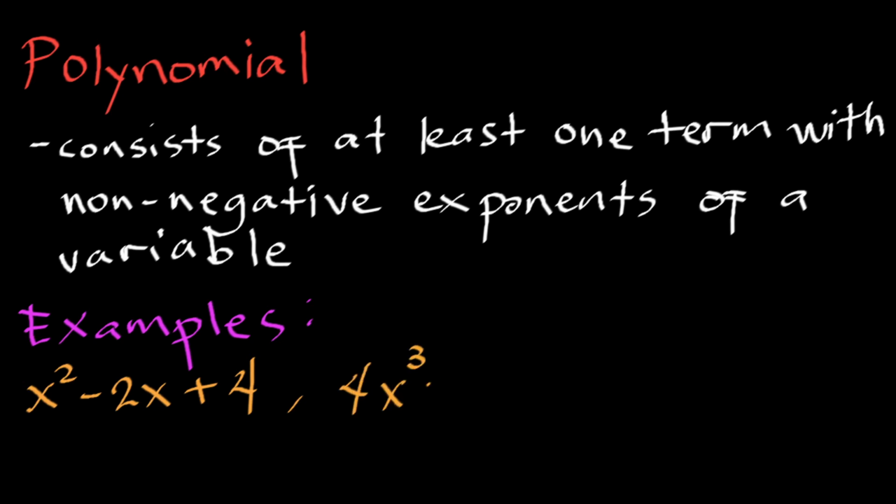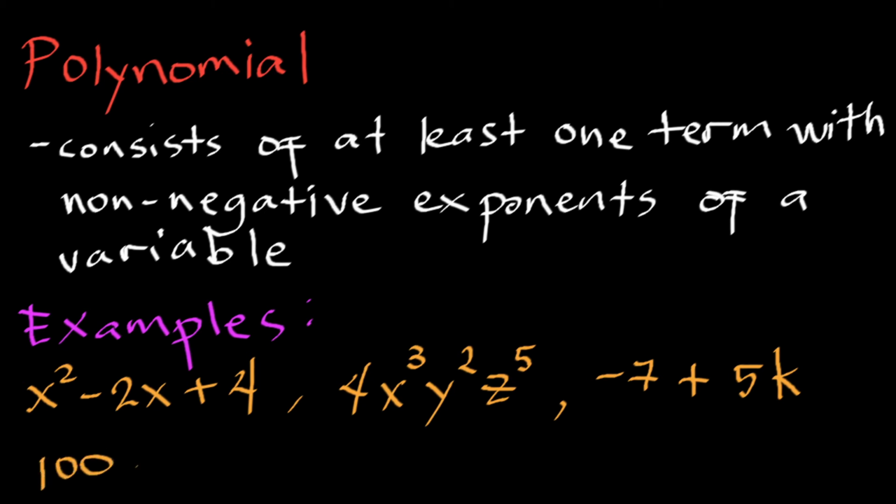And then we have 4x cubed y squared z to the 5th. Ito ay isang monomial. And then we have negative 7 plus 5k. Ito ay isang binomial. Next, we have 100, which is a constant.